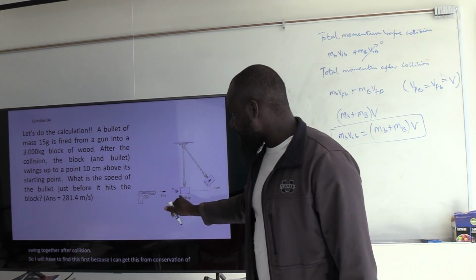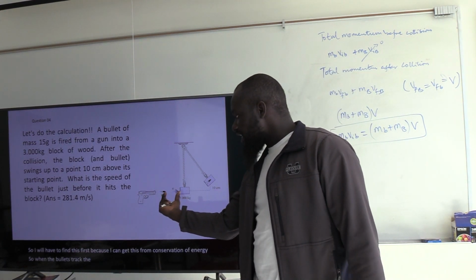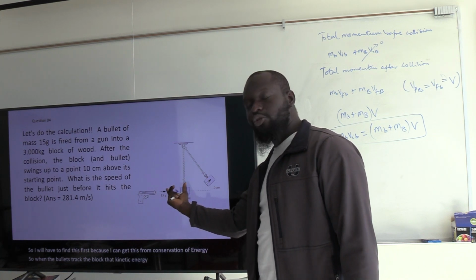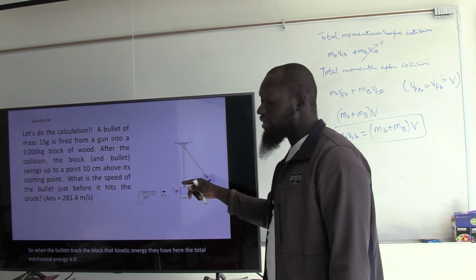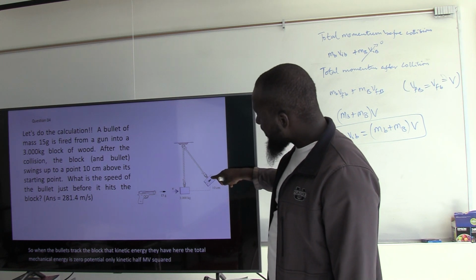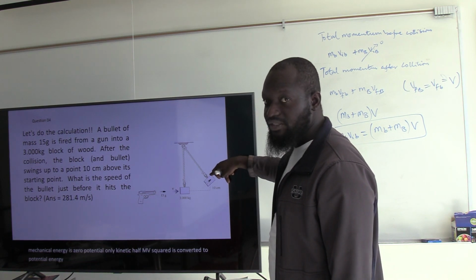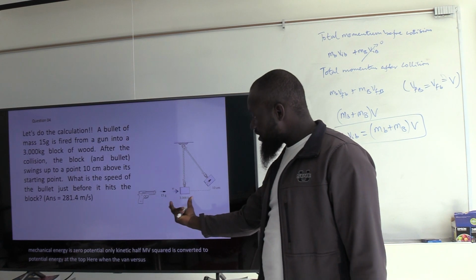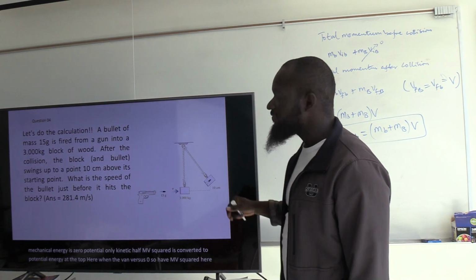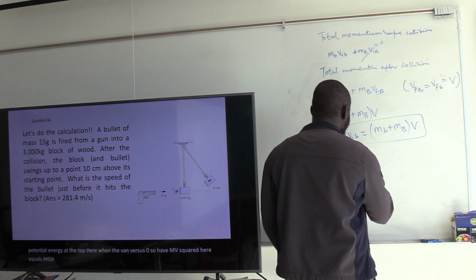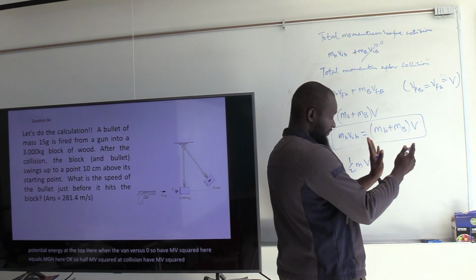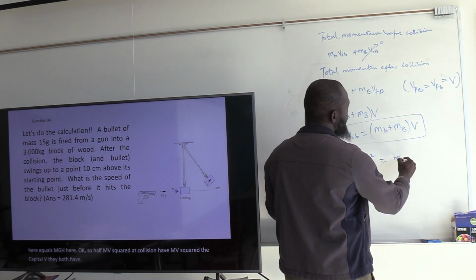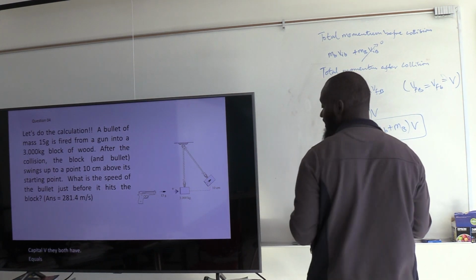When the bullet strikes the block, the total mechanical energy is only kinetic, half mv squared, and it is converted to potential energy at the top, when the final velocity is zero. So half mv squared at collision, with the capital V that they both have, equals mgh at that height.